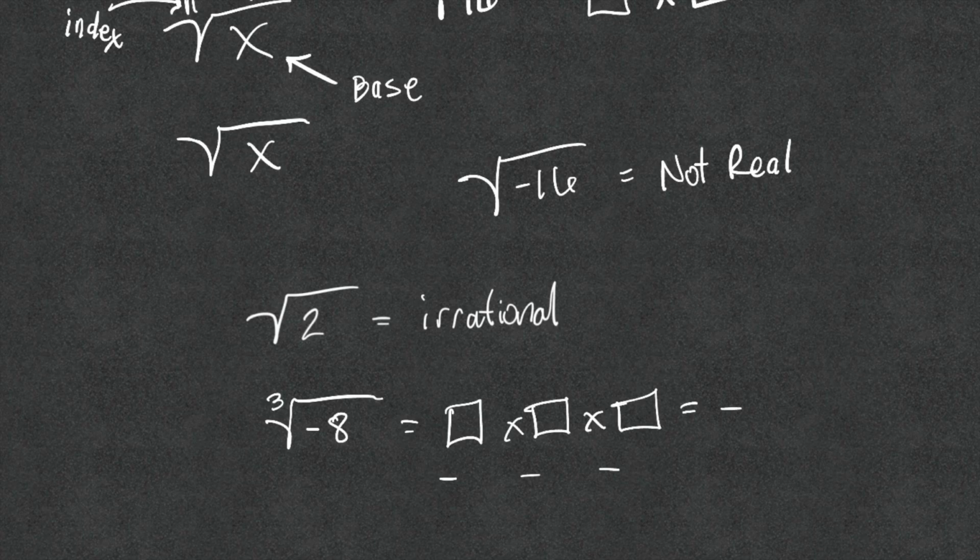And we will, because we see that negative 2 times negative 2 times negative 2 does give us negative 8. This would be a positive 4 times a negative 2 gives us a negative 8.